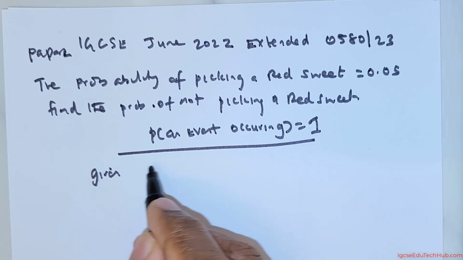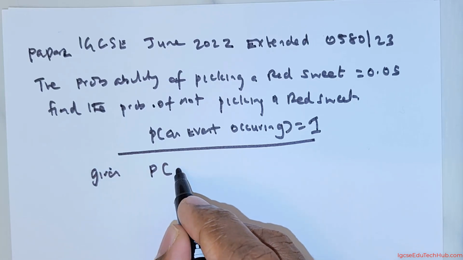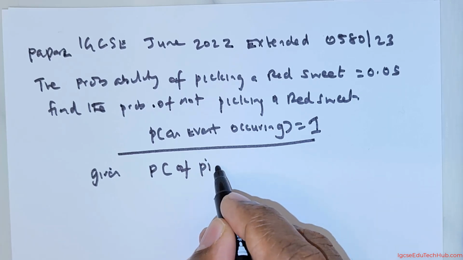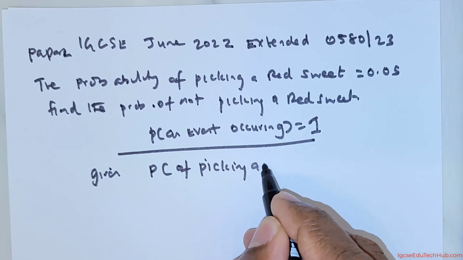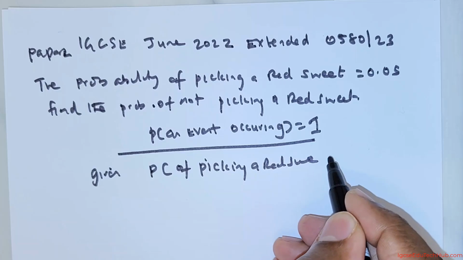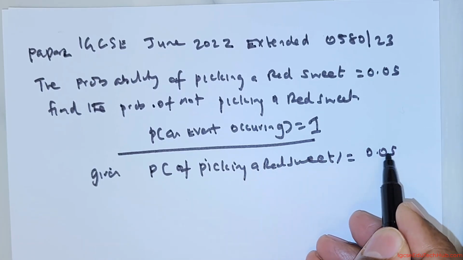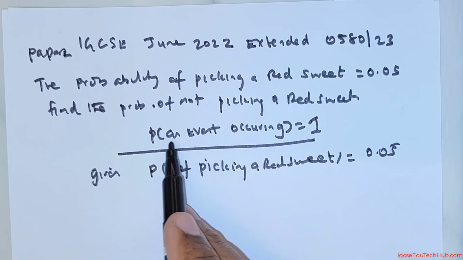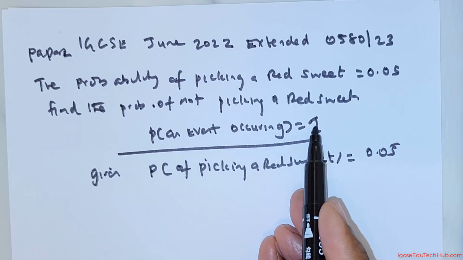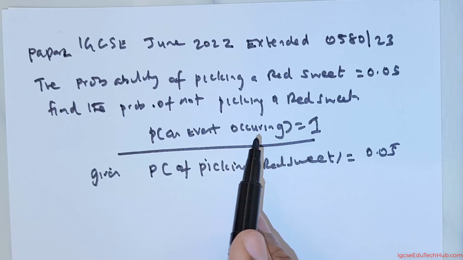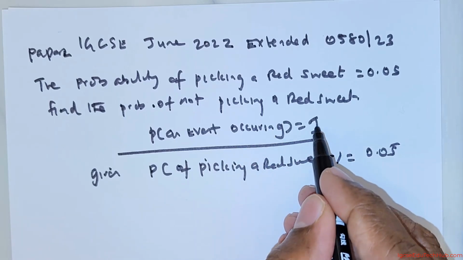What is given? Given the probability of picking a red sweet. This is 0.05. Now the total probability is going to be always 1. Of an event happening for sure is 1.